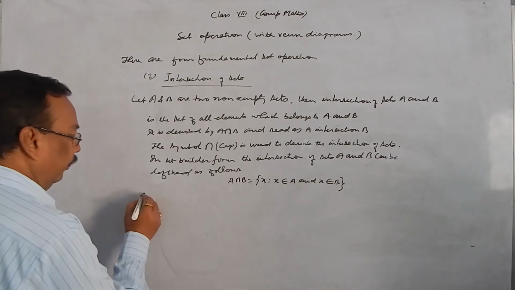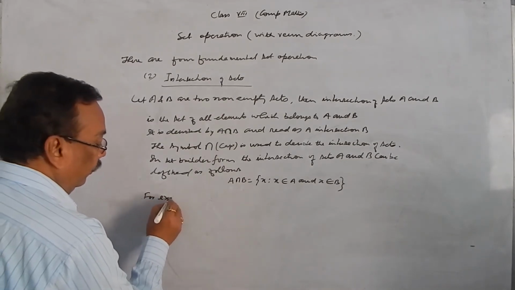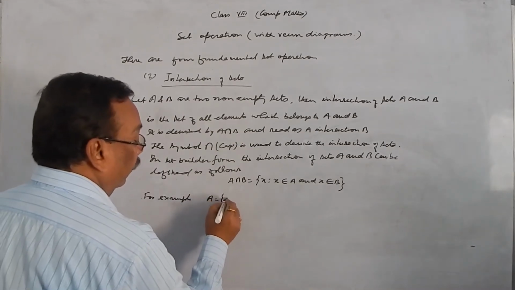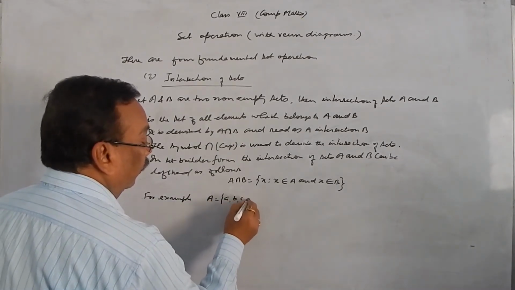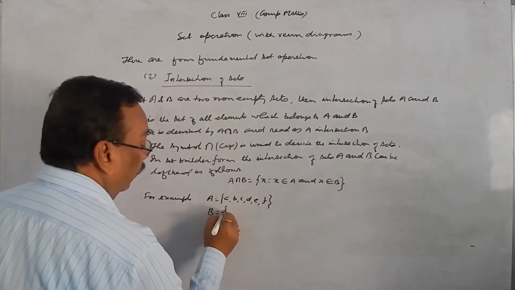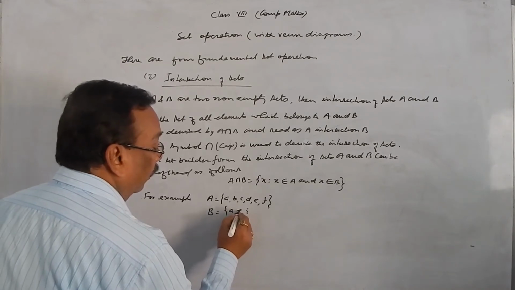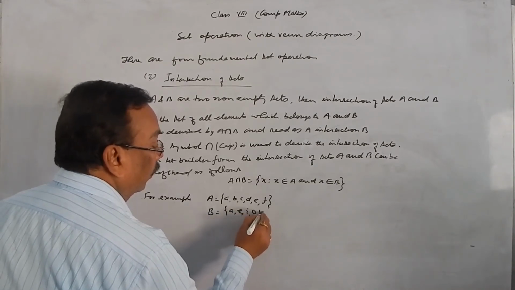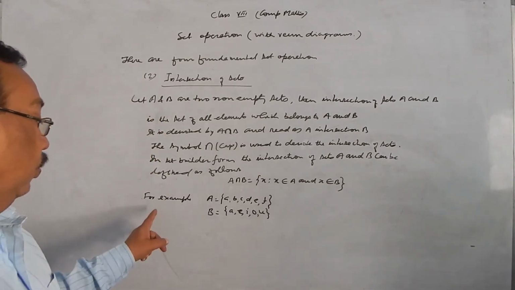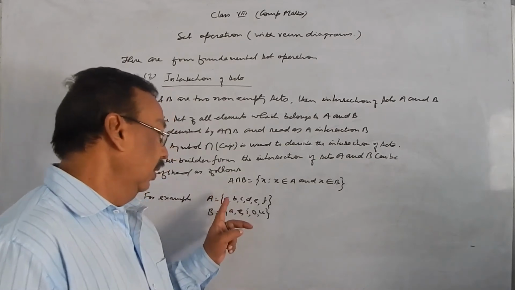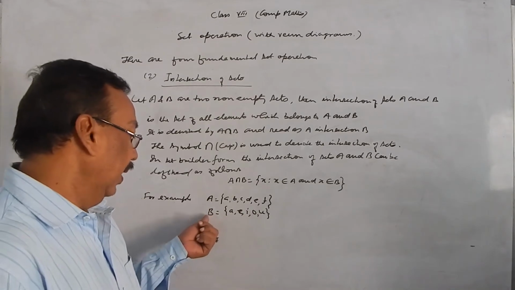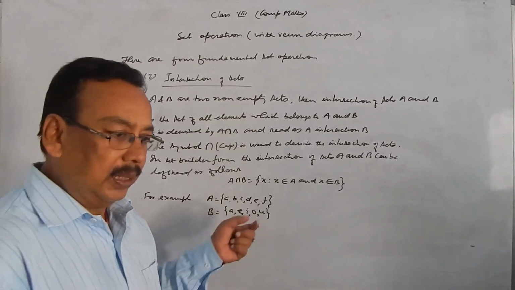For example, we take A with elements A, B, C, D, E, F, six alphabets, and B the set of vowels.